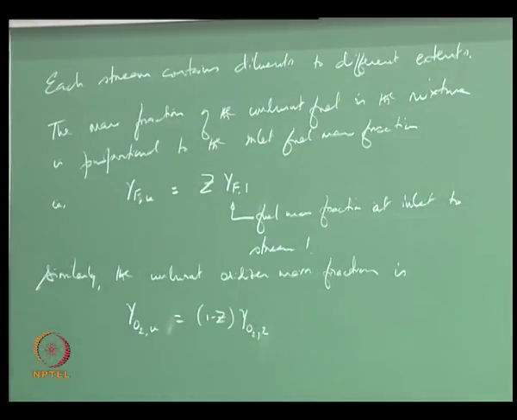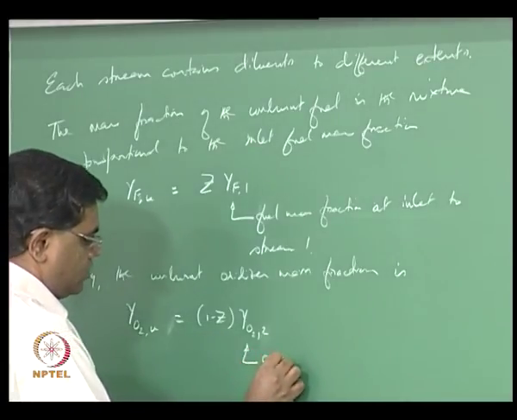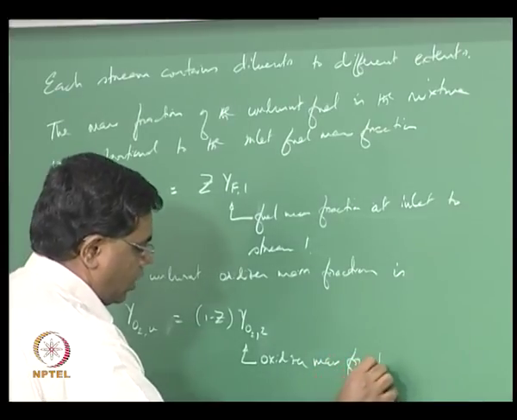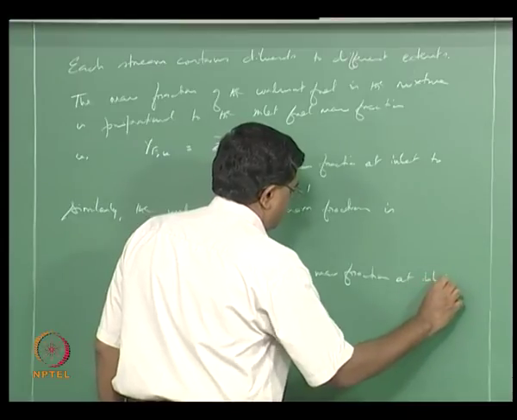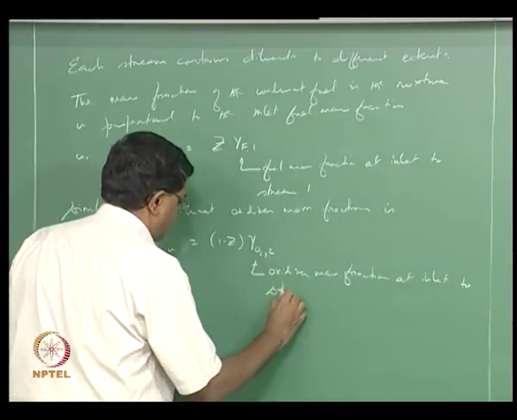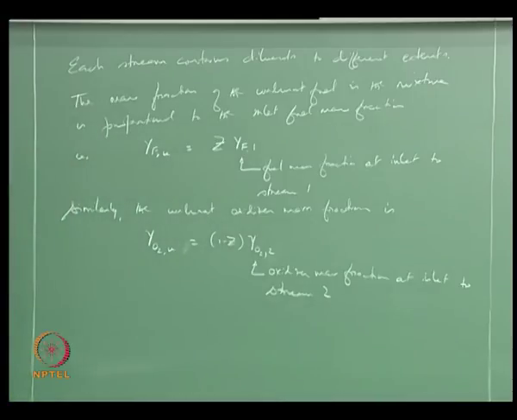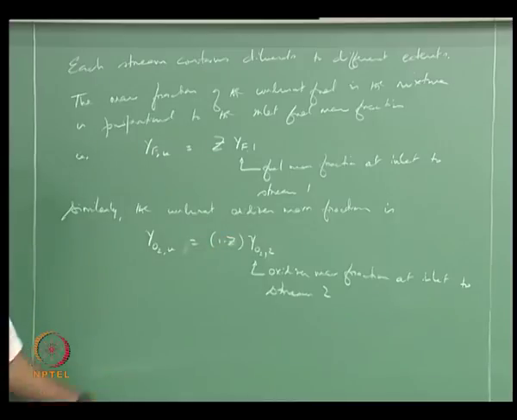So YO2,2 is actually the oxidizer mass fraction at the inlet to stream 2. So for example, if it were air, this number would be like 0.23 or so, right.